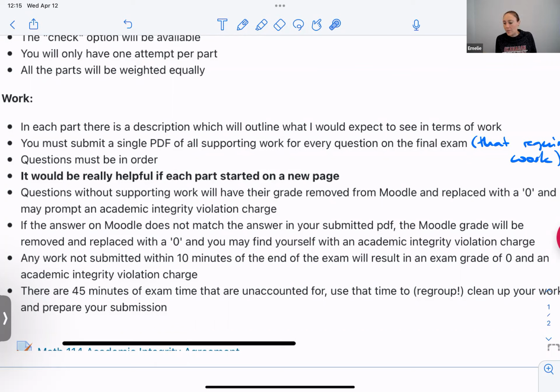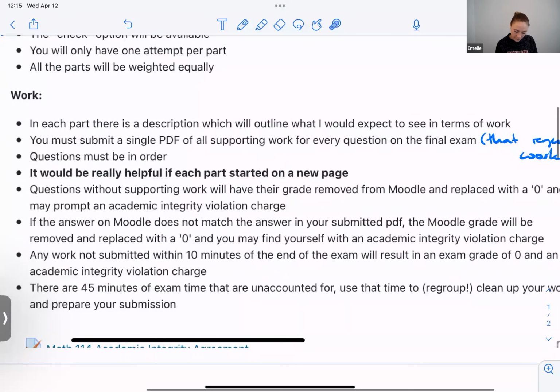Okay, hopefully by now you have a scanning app that you like. If you don't, I have an iPhone, so I'm kind of in the Apple ecosystem, and I really like Scannable.